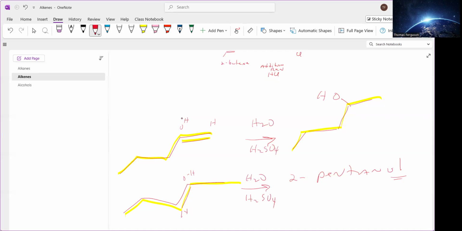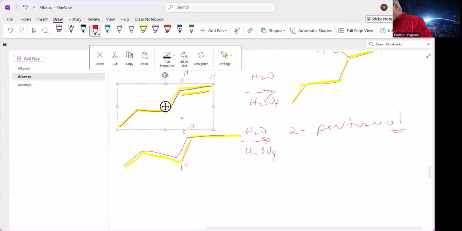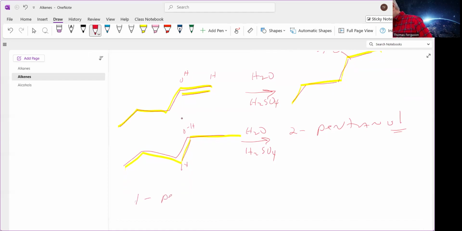And of course, we'd have to name our reactants. So it'd be 1-pentene and 2-pentene. And that is a typical test question.